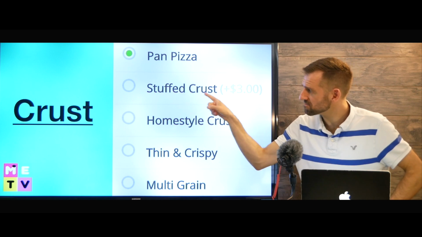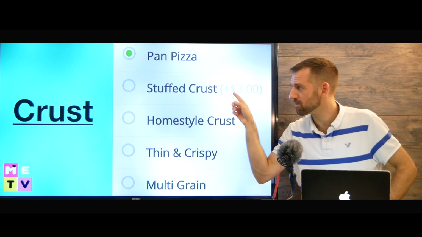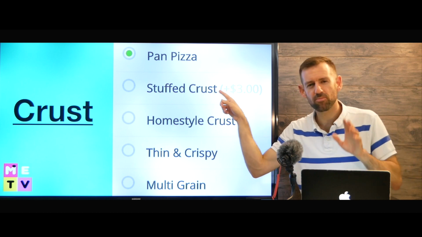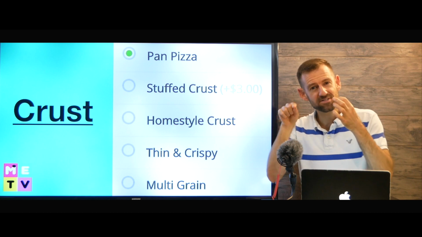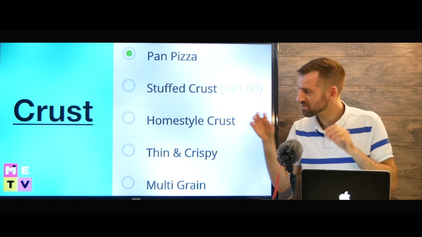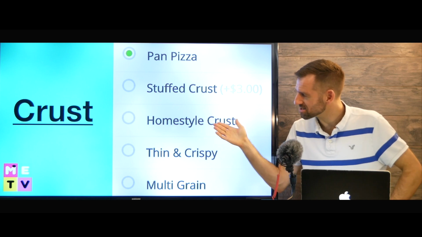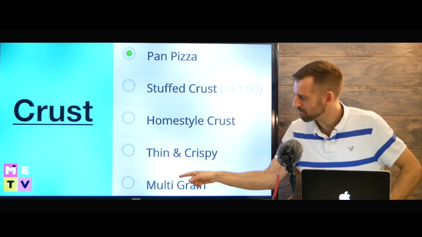And then stuffed crust, look, you have to pay $3 extra for a stuffed crust. That probably means there is cheese stuffed inside the edge of the crust, okay? Home-style crust, I don't know what home-style crust means.